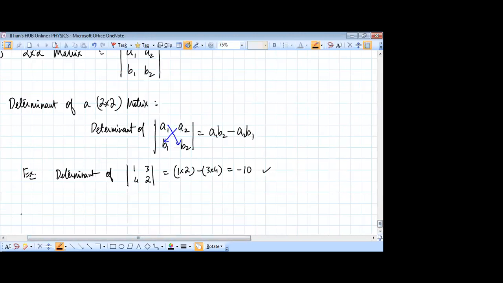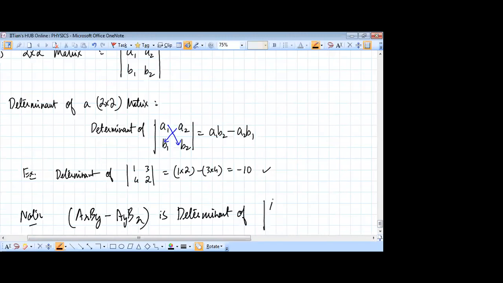So therefore, this formula, AX BY minus AY BX, this term is the determinant of AX AY, BX BY.